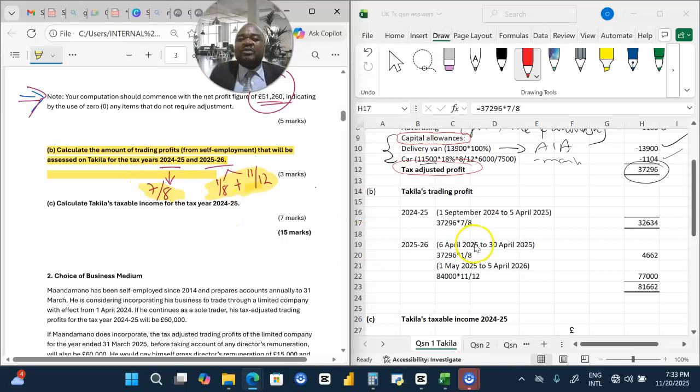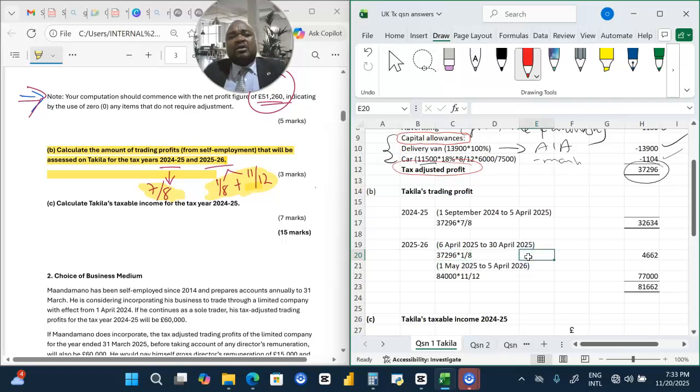So you then have to know which figures these fractions should be applied to. Obviously, the 1 over 8 was relating to the 8 month period, and the 8 month period had an adjusted profit of 37,296. So you just have to multiply the fraction to that figure, right?